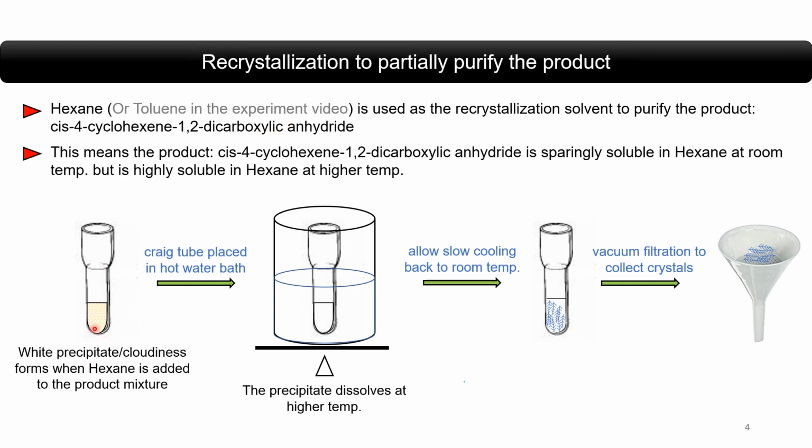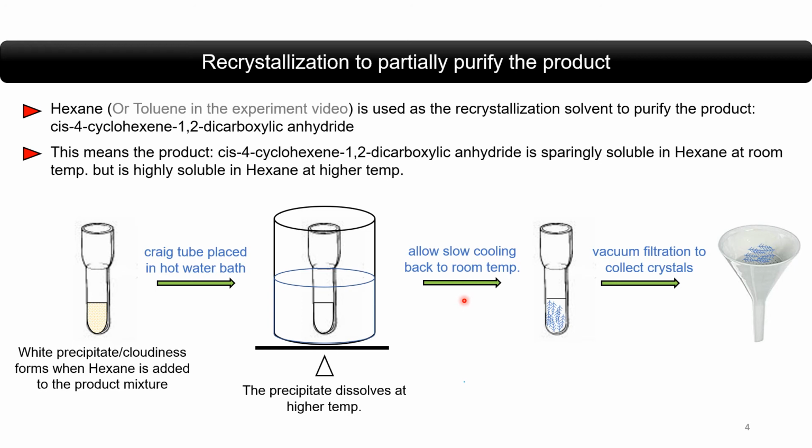Now it's precipitated, and now we're going to place that tube in a hot water bath, and when we heat the solvent, this compound dissolves in hexane, and if there are impurities trapped within those solid particles, they are going to be released to the solution. Once everything is dissolved, we are going to take it out and allow it to slowly cool down.